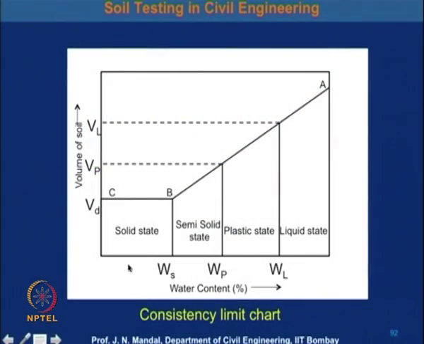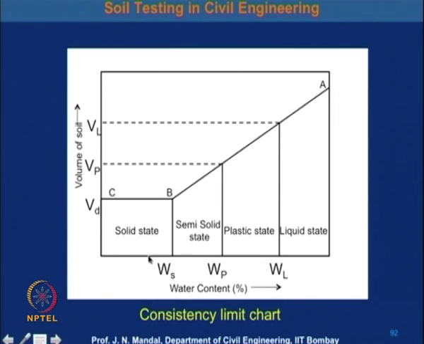Here you can see the water content in percentage, and this is the volume of the soil. This part is the volume and this is the water content, and this is the dense, solid state.